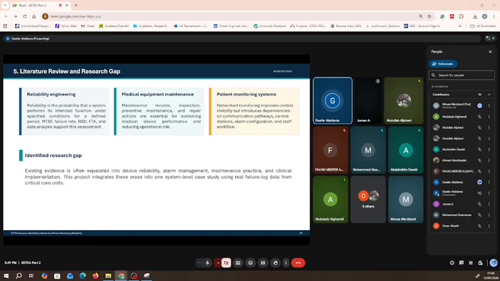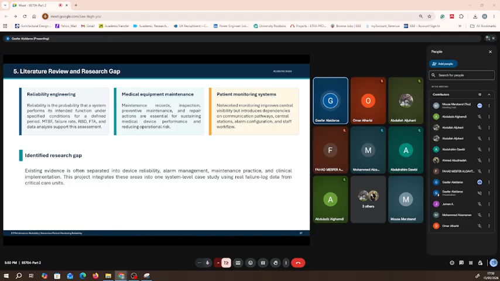Literature review and the research gap. This slide summarizes the academic basis of the project. Reliability engineering: reliability is commonly defined as the probability that a system performs its intended function under specified conditions for a defined period. This definition is directly relevant here because the intended function of a network monitor is to provide continuous, valid patient information.